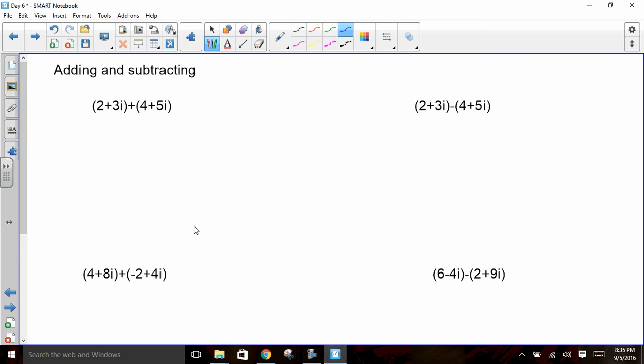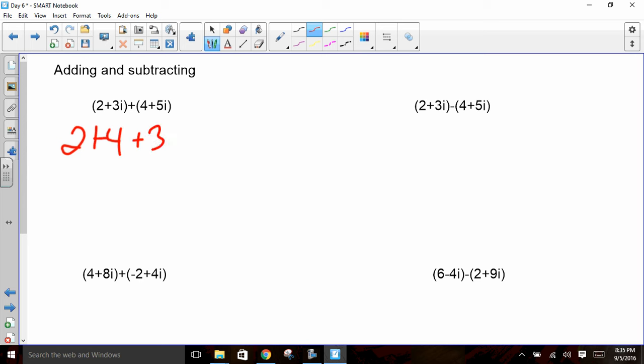All right, let's take a look at adding and subtracting. So when I'm adding a group of something together, I want to put the same type of numbers together. So I want to put my real numbers, or my 2 and my 4 together, and then my imaginary stuff, or the things with the i's. So in this first example, we're actually adding. So I'm going to take my real part, which is 2 and 4, and I'm going to add them together.